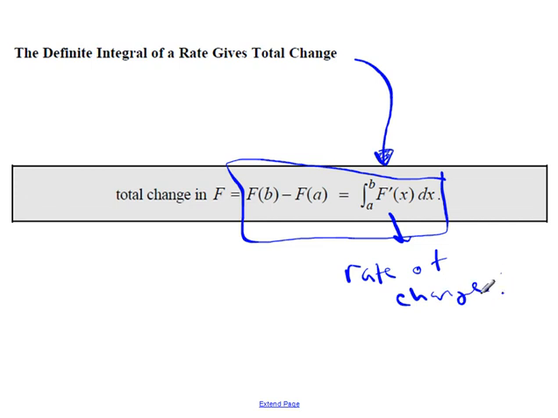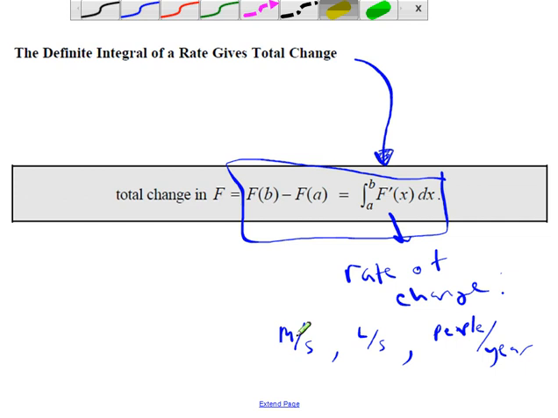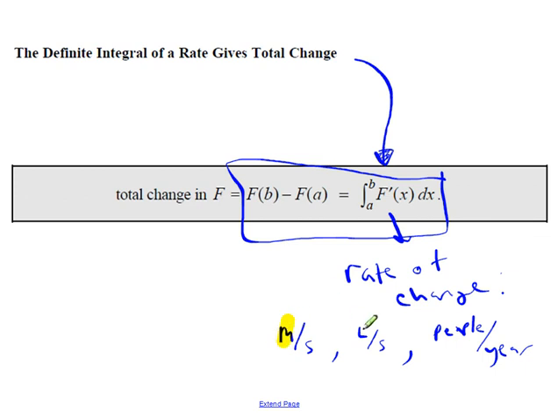If we're integrating some rate of change, let's say like the speed that you're going, meters per second, or volume of water, liters per second, or population change, people per year, when you integrate that, what you get back is the net change of just the meters that you walked, or the liters of water that have dripped, or the people that have been added. So in other words, when you integrate it, we're getting rid of the unit of time, and we're just looking at the net change of f and no longer looking at the rate.